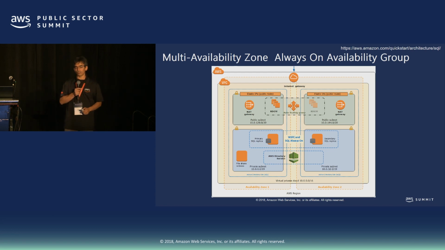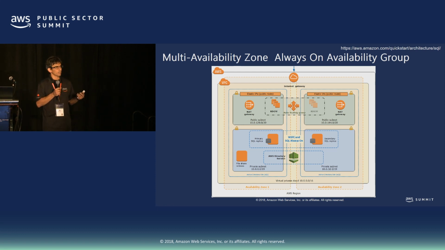I have one of my customers. We had a long discussion about which would be the most appropriate service for him to utilize, RDS or SQL Server on EC2. And then it went back and forth, cost being one of the options, being able to use AlwaysOn because he was a big fan of AlwaysOn.